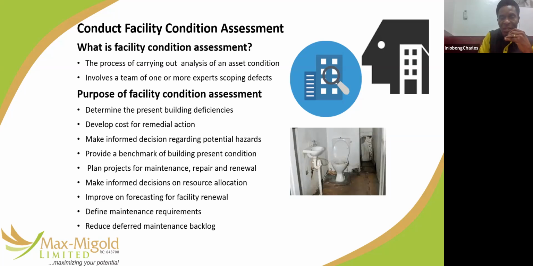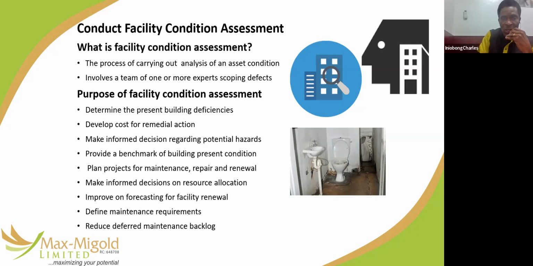This is the kind of analysis you present to management, that okay, our facility condition index this year has increased compared to last year. It means our facility is deteriorating very fast, so we'll be thinking of changing it. But if your facility condition index this year was less than that of last year, it means your maintenance is effective, and that facility can go another year.